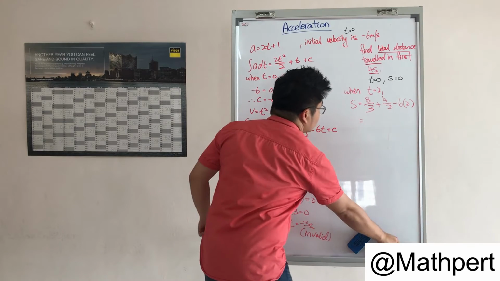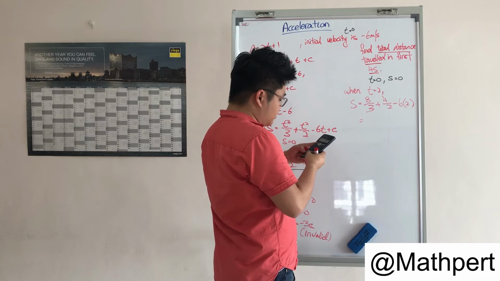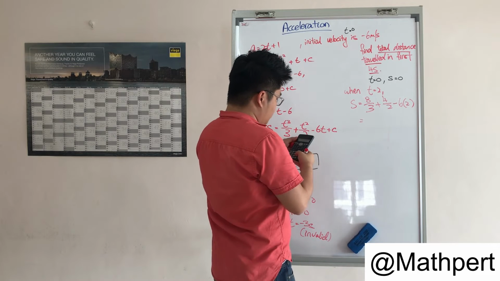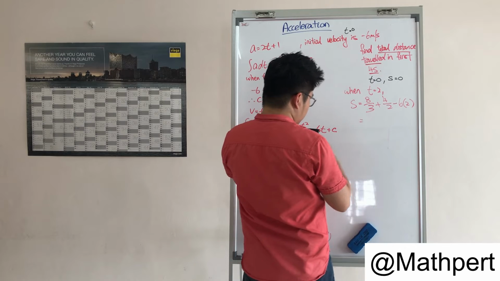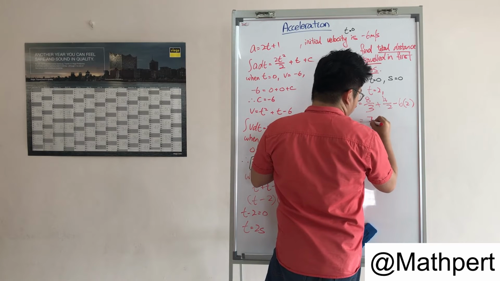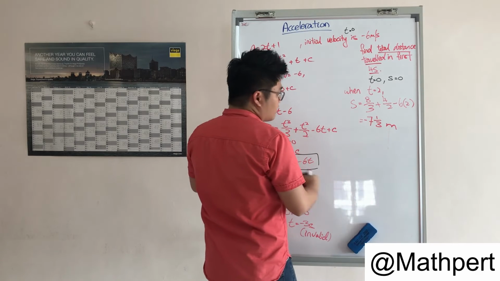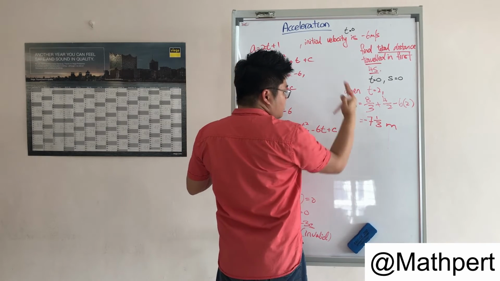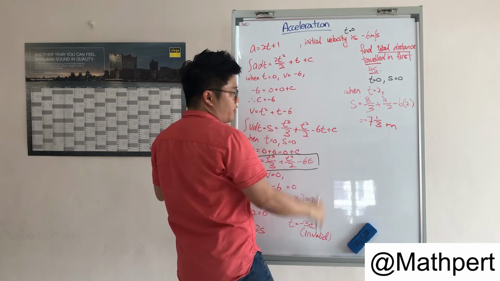What do we get here? 8/3 + 4/2 - 12. We get negative 7 and 1/3 meters, meaning 7 and 1/3 meters to the left of the origin.